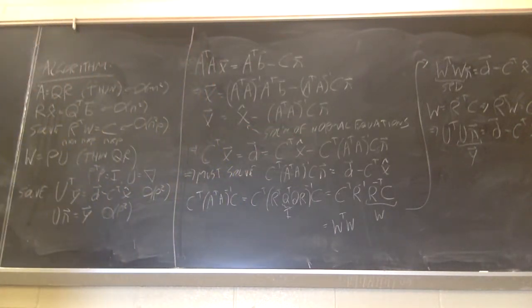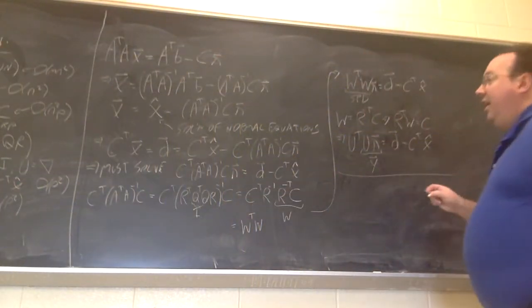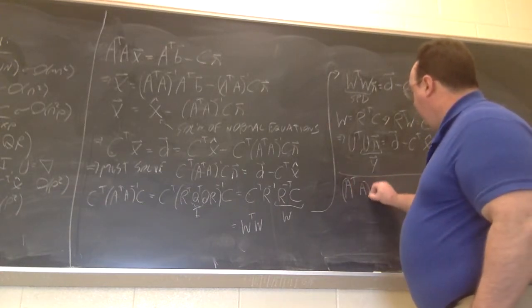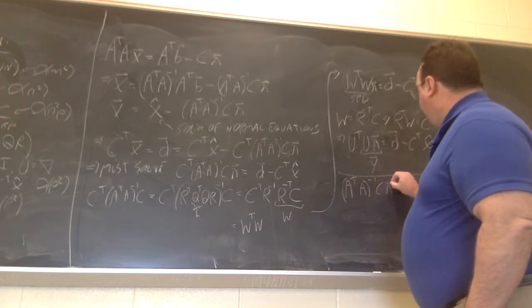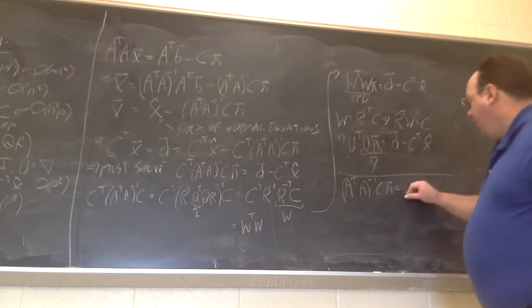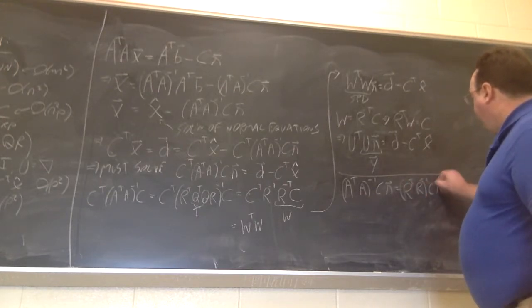But we don't want to do that as written, because we don't want to invert A transpose A. Well, A transpose A is the same as R transpose R. So it's R transpose R inverse C lambda.